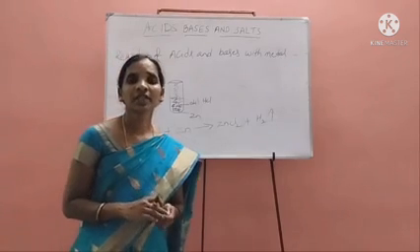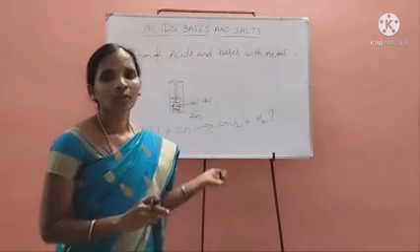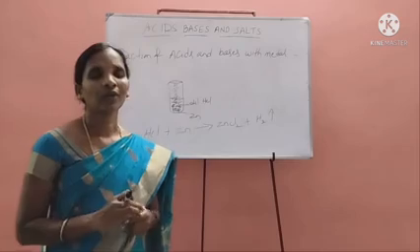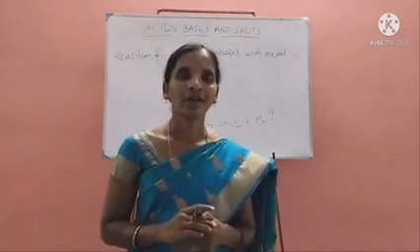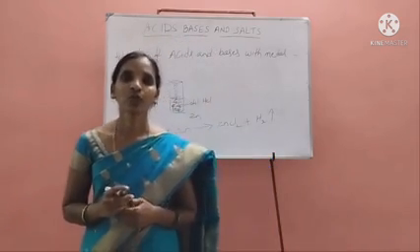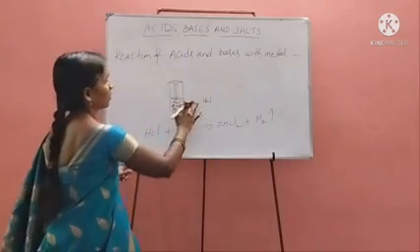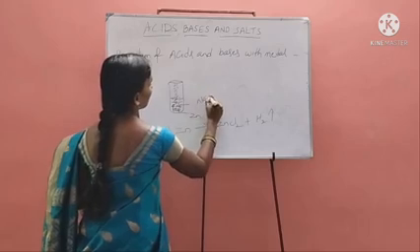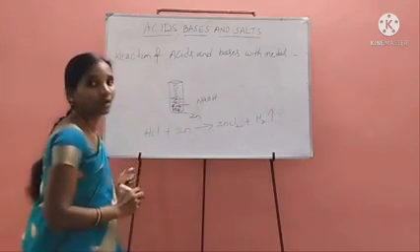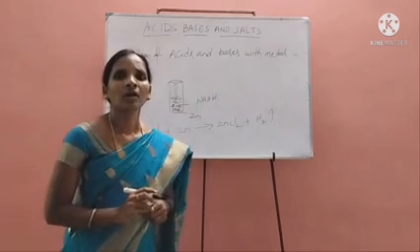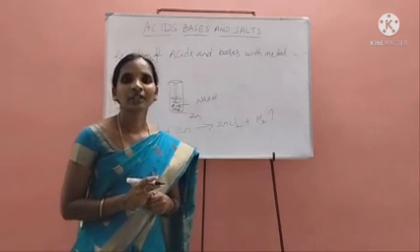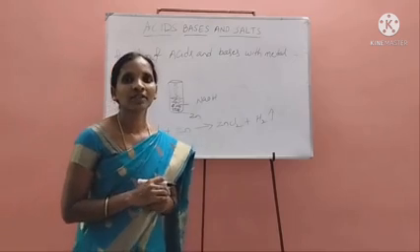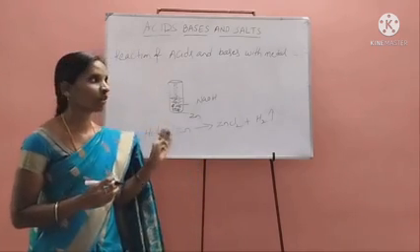Next we discuss bases reacting with metal. Place a few granules of zinc metal in a test tube and add 10 ml of sodium hydroxide. Now we observe that the evolved gas is hydrogen and a salt is formed.